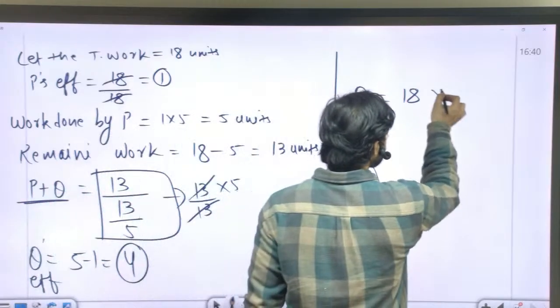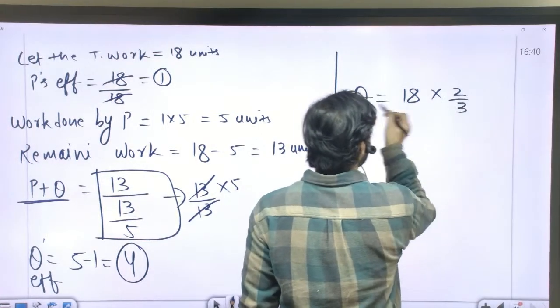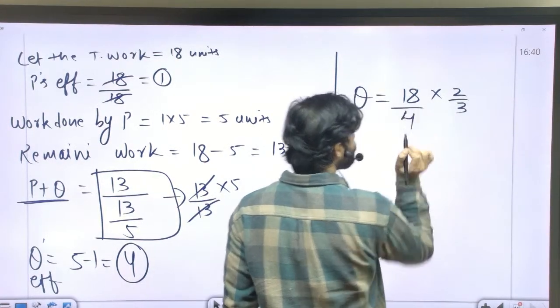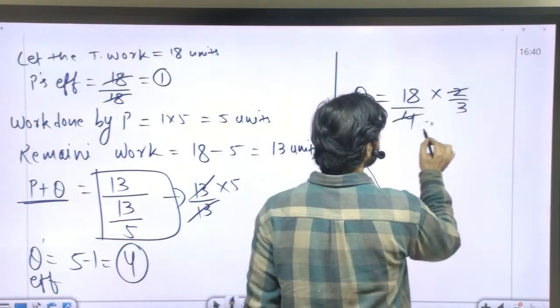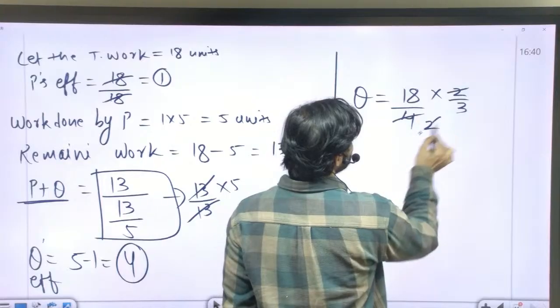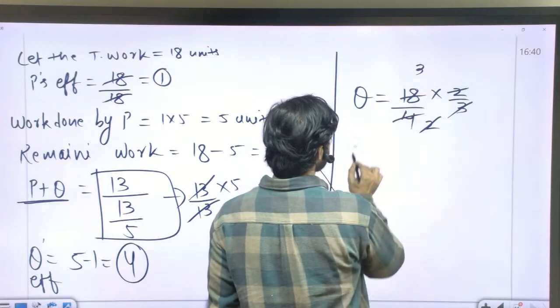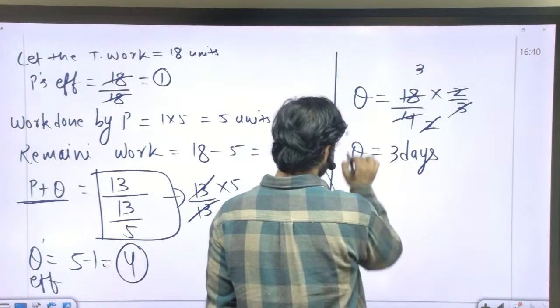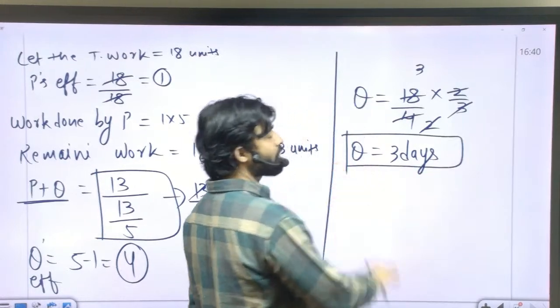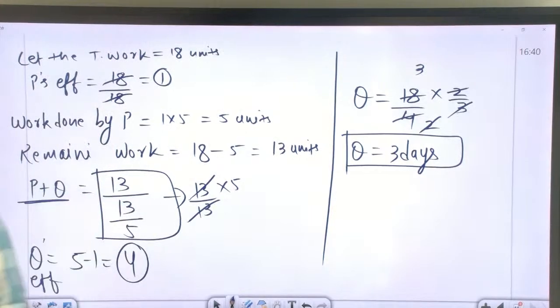So he has to do 2 by 3 of 18 units of work, which is 12 units, and his efficiency is 4. Cancelling, 12 by 4, so Q will take 3 days. This is your answer.